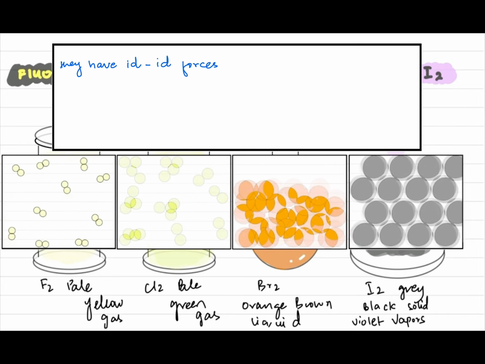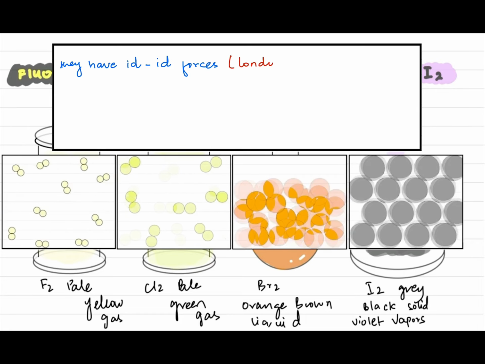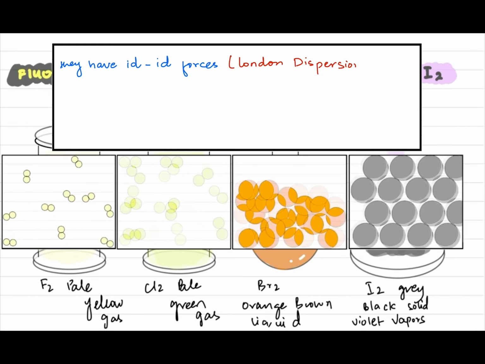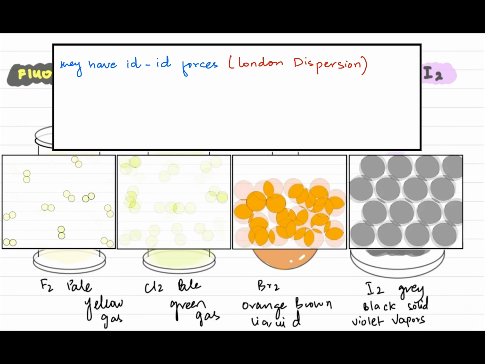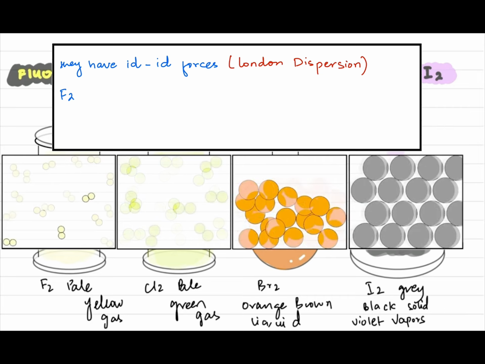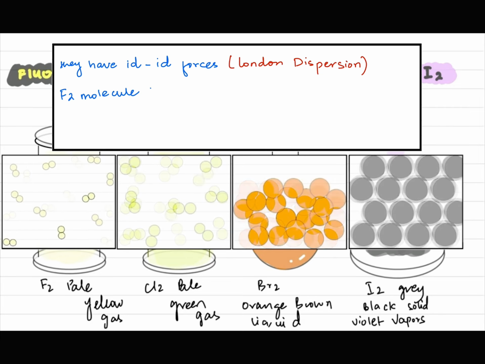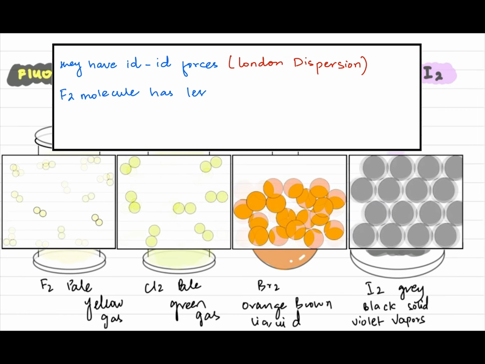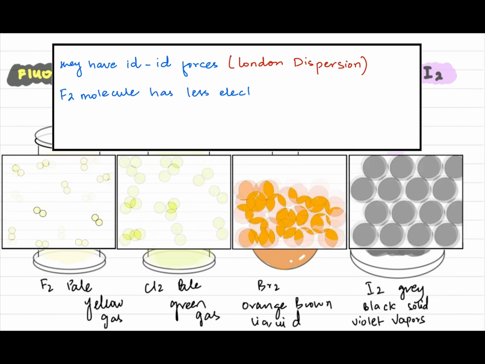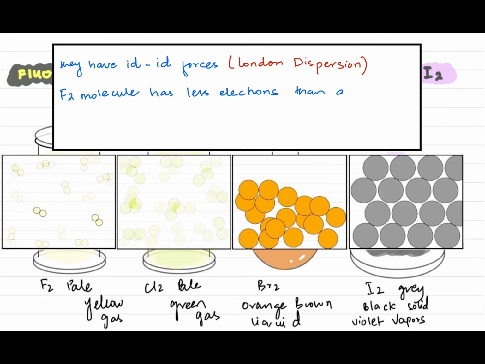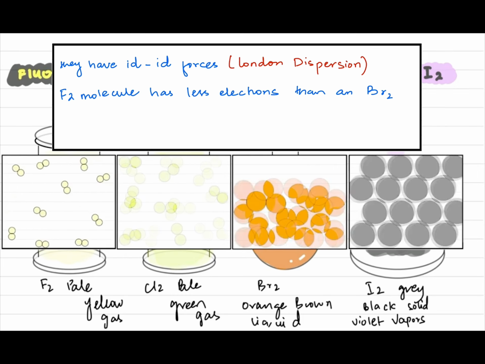The explanation involves that they have ID forces between particles, and that is why the state of matter changes. They have ID forces, London dispersion forces, between these molecules. Fluorine molecule is smaller, so it has fewer electrons than obviously bromine or iodine.